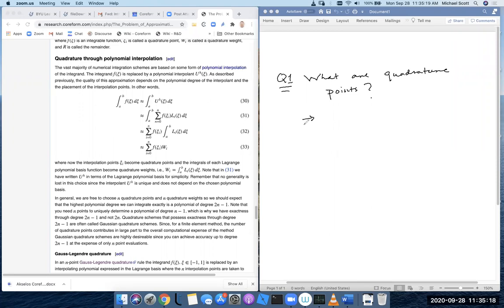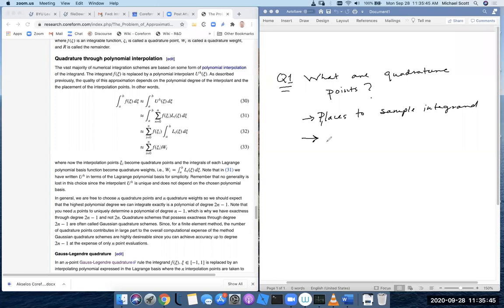Are they places to sample your function? Okay, that's true. They're places to sample the integrand. Okay, what else? Are they the control points for your interpolating polynomials?